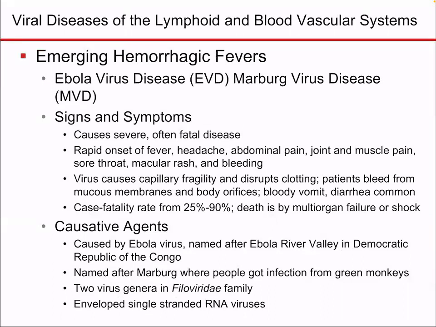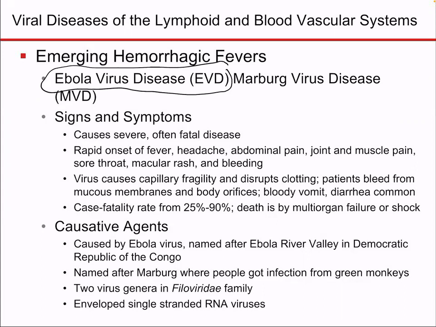Let's now talk about another virus that infects cells that are circulating in the bloodstream, but also some other cells can be infected by this virus. This is a virus that probably is very familiar to you, Ebola virus, that produces the Ebola virus disease.